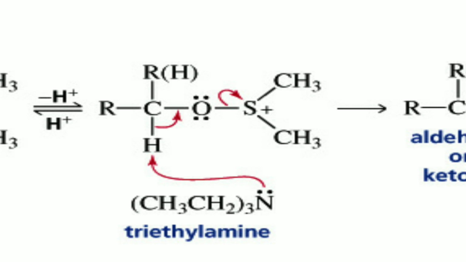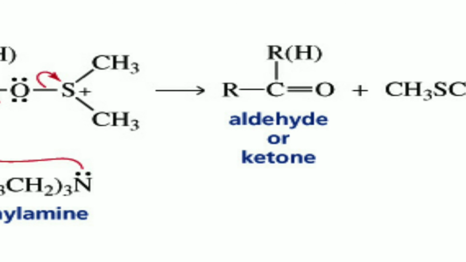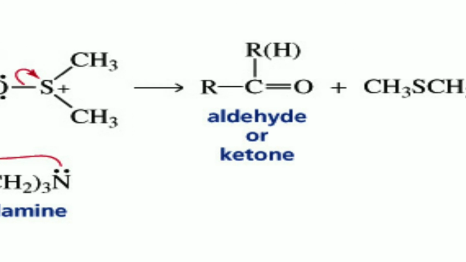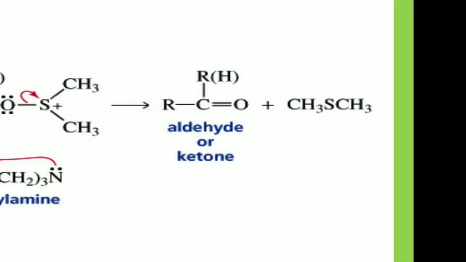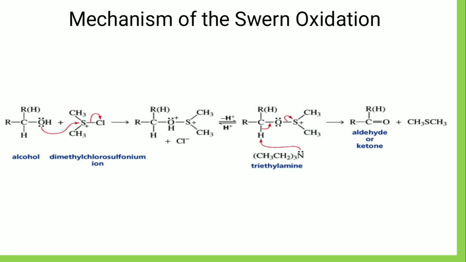Whenever a carbon-oxygen double bond forms, by breaking the O-S bond, all these electrons are accepted by this sulfur. Here there is formation of our product, that is the aldehyde or the ketone, and we get the CH3SCH3 compound.